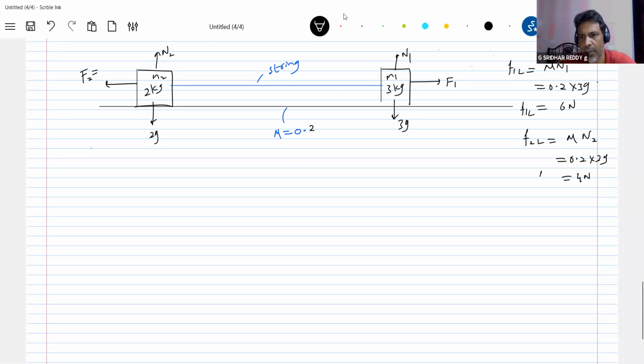So whenever you enter into the problem, have those limiting frictions in hand. Okay, let's discuss the first case. The first case, F1, I'll apply 3 Newton. This I'll apply 1 Newton.